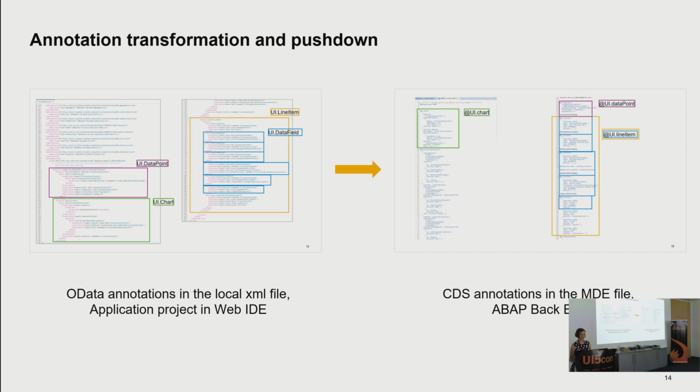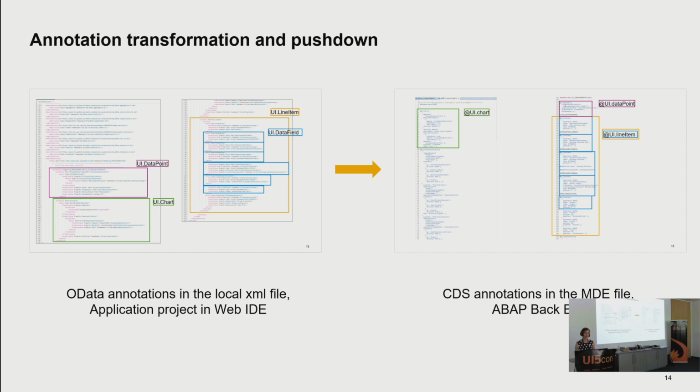Currently, all the UI-related CDS annotations are stored in MDE files, and the annotations related to data definition are stored in the CDS views. If you want to do this manually, that means you need to know OData annotations and you need to know CDS annotations, and this is quite cumbersome and demanding, especially if you're doing it for the first few times.